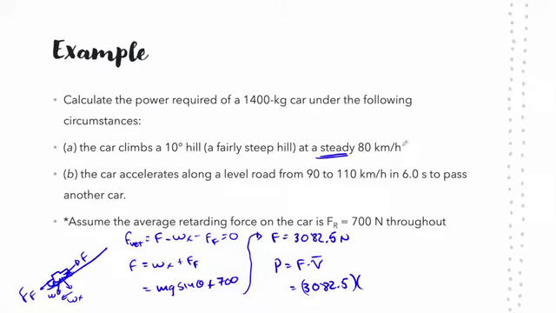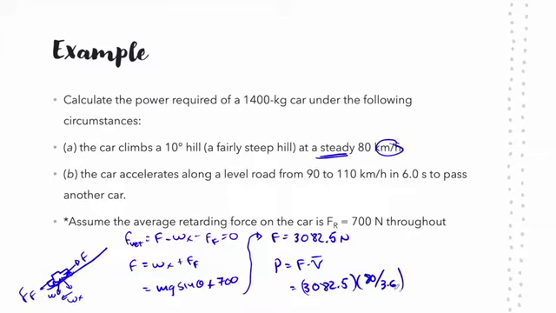Now we have to be careful when we input information into our formulas. We have to be very careful with the units, okay? If we're working with newtons, then we have to work with meters per second. So I have to change those 80 kilometers per hour to meters per second.